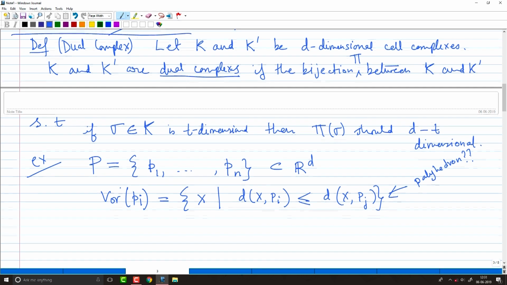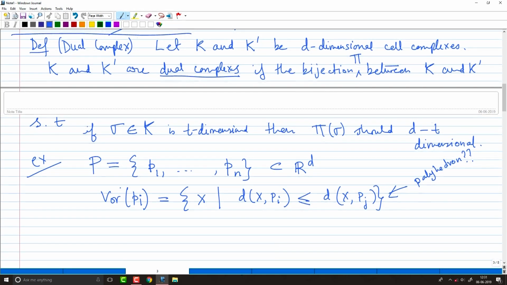Take any Pj, find the plane that bisects the segment Pi Pj, and take the half space with respect to this hyperplane that contains Pi. Do it for all Pj and take their intersection. So you get Vor of Pi. That is a polyhedron, an intersection of n half spaces.